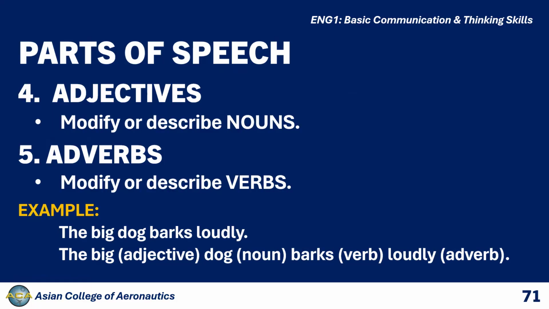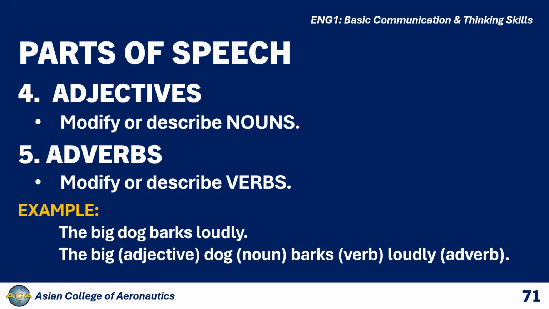How can we add a description to the verb run? Let's say, for example, quickly. She runs quickly. She is a noun, runs is a verb, and quickly is an adverb because we add information to the verb run, which is quickly.